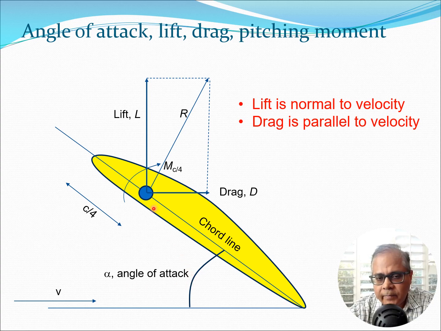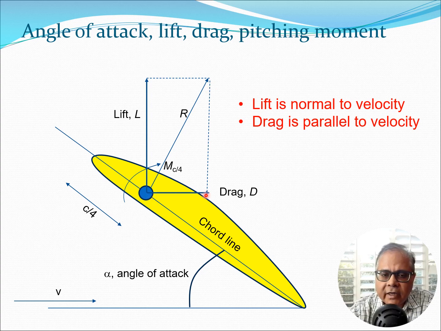Now we can think about this airfoil section and this flow, and what's going to happen is that there is going to be a force and a moment generated on the airfoil section. If we consider the quarter chord location, you will typically have a force R and there will be a moment Mc by 4.